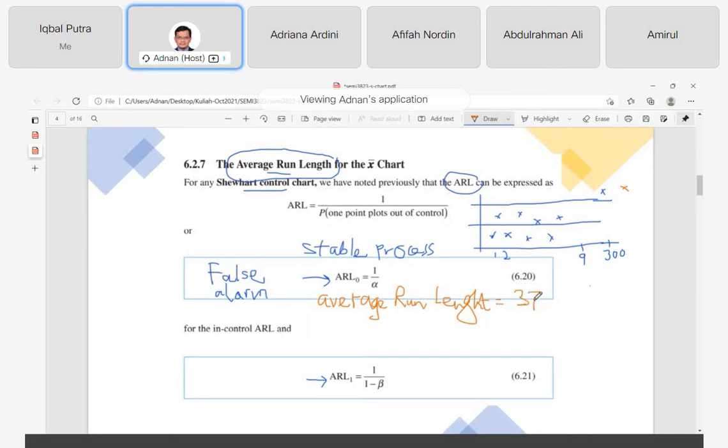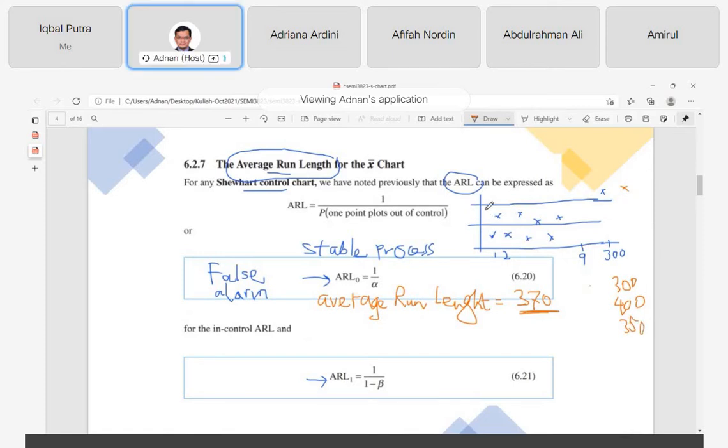If you run a simulation, we can also get this number. If we run a random number simulation, let's say the first one is 300. Maybe the second one will be 400. The third one will be 350, meaning that is the first time it goes outside the control limit.